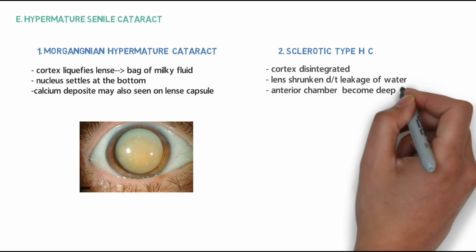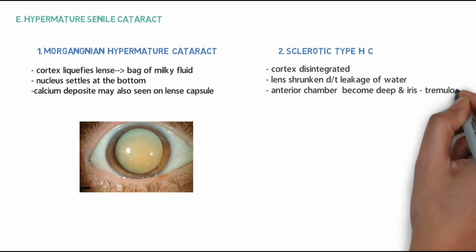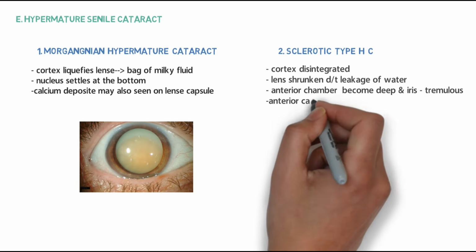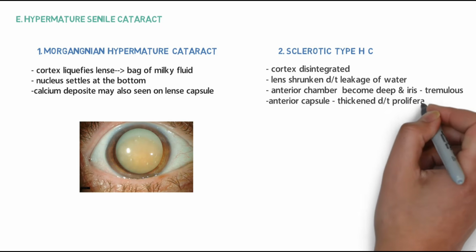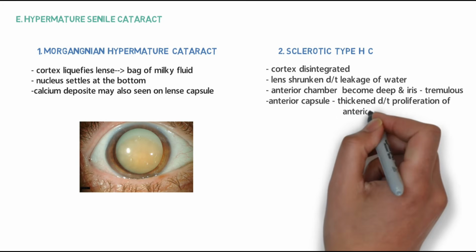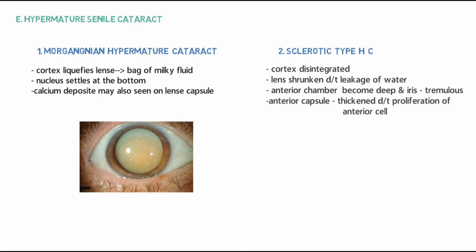In this type of cataract, there is a thickening of the anterior capsule due to proliferation of anterior cells. So this is about hypermature senile cataract. Two types of hypermature senile cataract: Morgagnian cataract and sclerotic type of hypermature cataract.